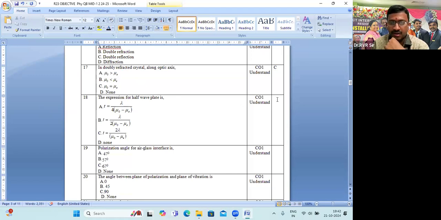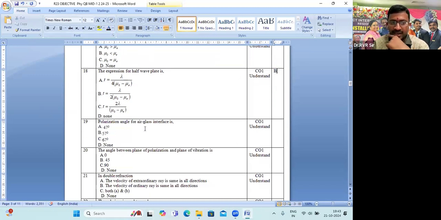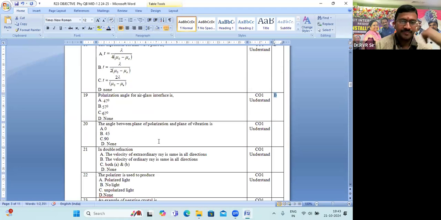The expression for the half wave plate is, the name itself indicates that it is t equal to lambda by 2 into (mu O minus mu E). So the option will be obviously option B. Now polarizing angle for air glass interface, already we discussed in our classroom, that is 57 degrees.